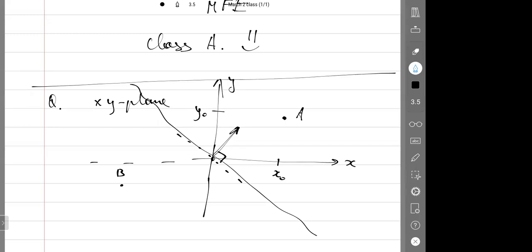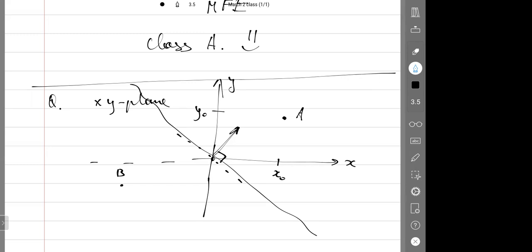I have two suspicious points, and a level curve that separates them. The Weierstrass theorem guarantees that one of them is the maximum point.